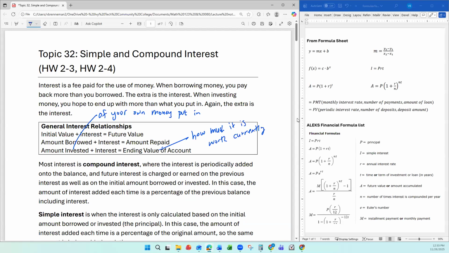So when we say amount invested in this course, it means how much of the person's own money was put into the account. Then they earn interest added on, getting the ending value.